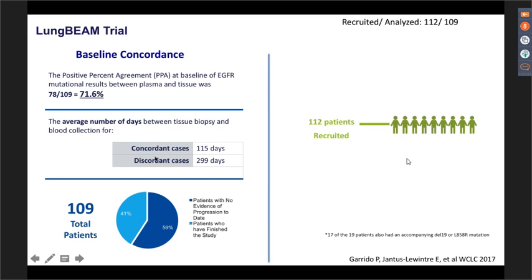In the case of discordant cases, the average number of days between tissue biopsy and blood collection was around 1 year. And this was one point that was discussed before by Dr. Rothwell. Sometimes the tissue biopsy was taken at the time of surgery, and clinical decisions are taken based on tissue samples that were taken 1, 2, or even 3 years ago.